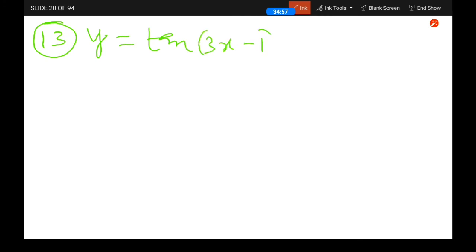Question 13. 2 more to go. Good. Now look at 13. y equals tan 3x minus 1, then log 4x minus a to base e. Remember that a log anything to base e is same as ln.